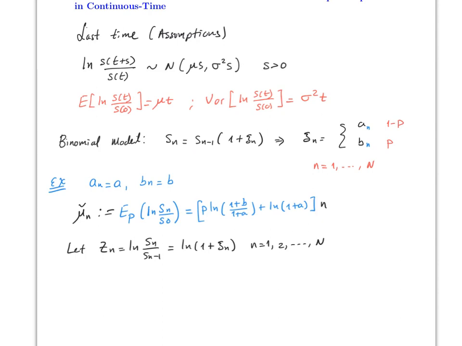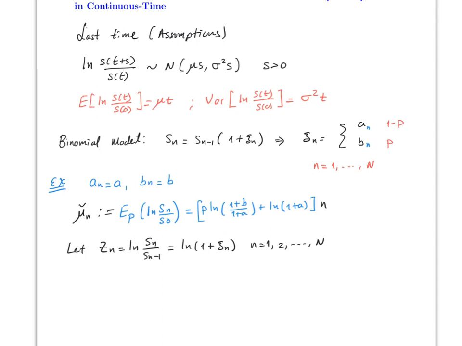Look at this part: if you divide both sides by S_{n-1}, you end up with S_n over S_{n-1} equal to 1 + C_n. Therefore, you take the ln on both sides, and you end up with exactly this.